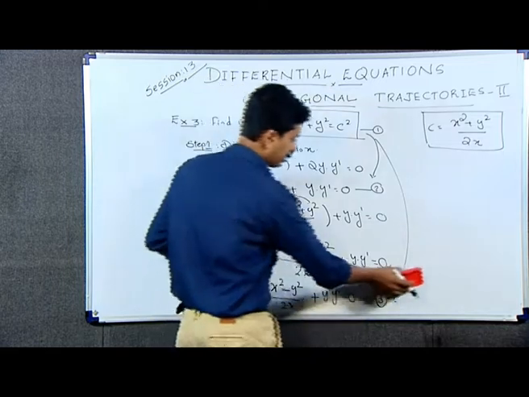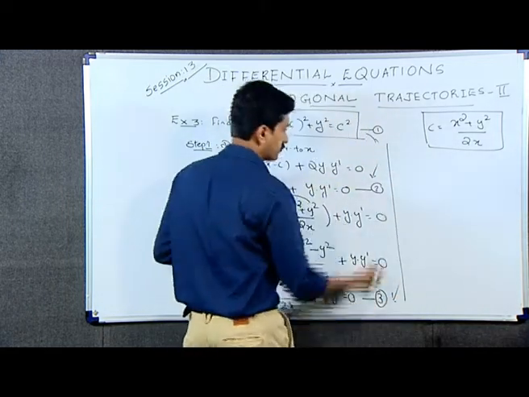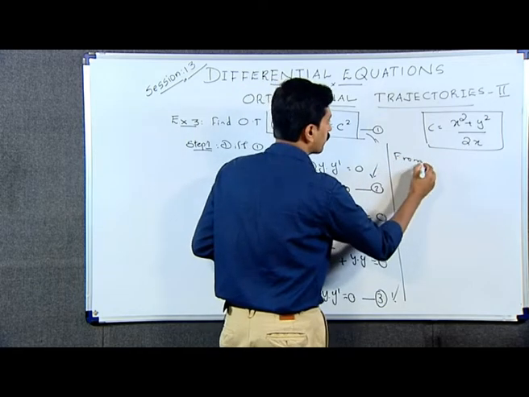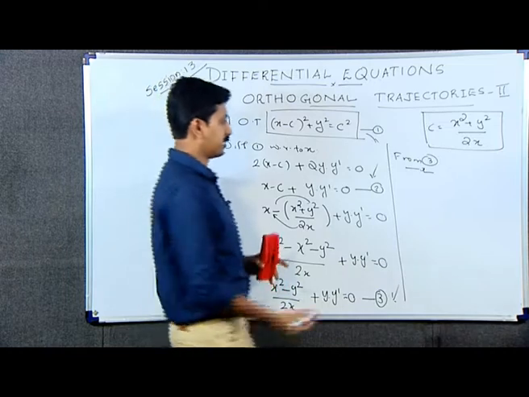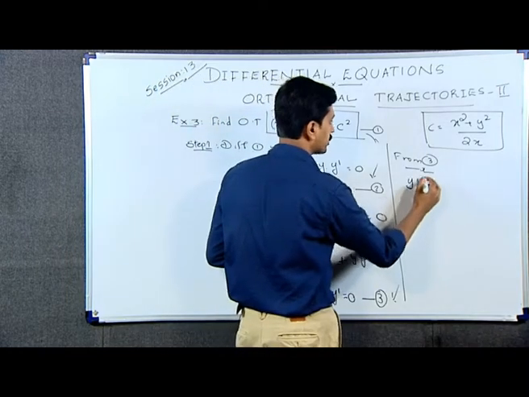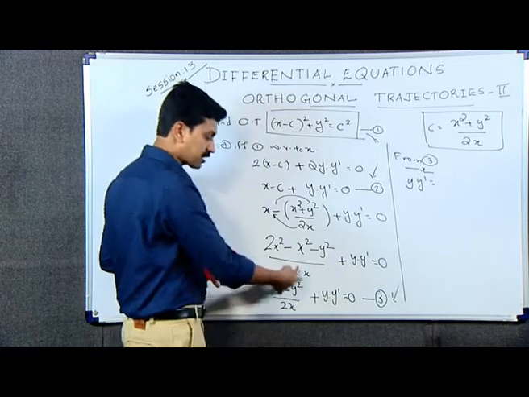I am taking y dash, I am taking this to be here from 3. We have y dash equal to, I am taking this to the opposite side, therefore a minus sign will come.